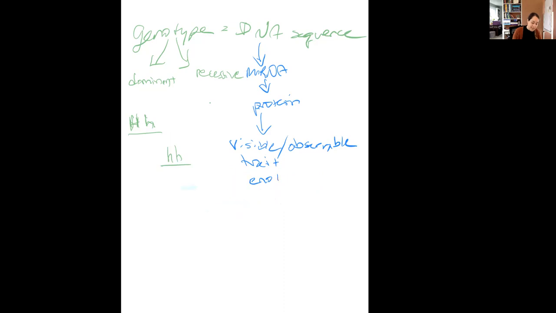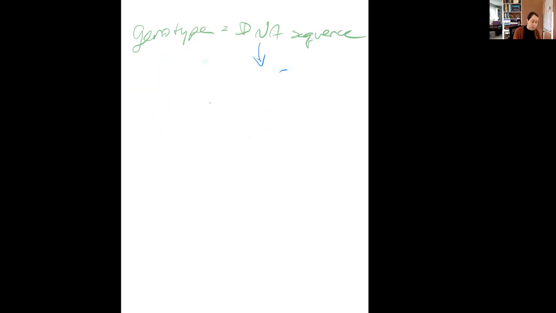And for polydactyly, the dominant version is actually the version that we might not think of because it's a little less common.